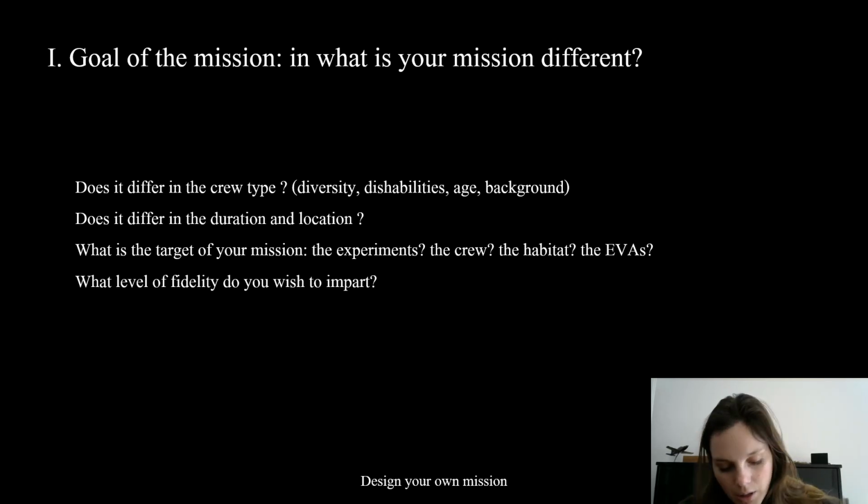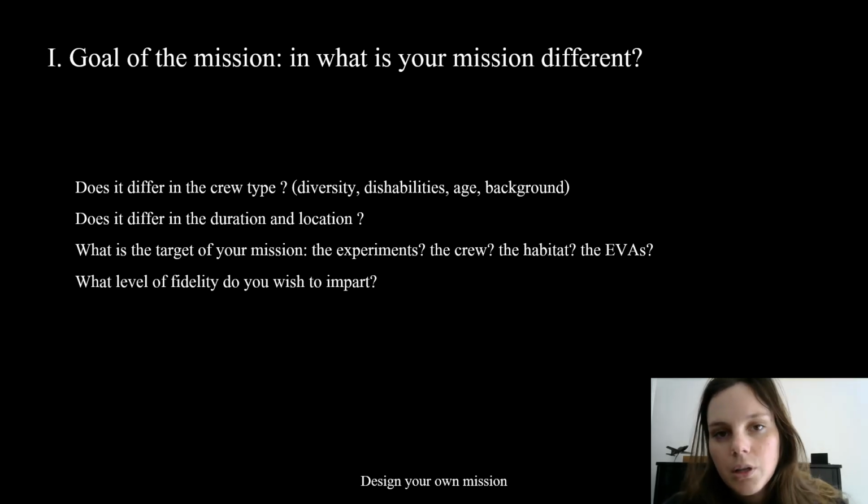So first, your mission. What is it about? How is it different from other analog space missions? If I'm now going to be your sponsor, you need to come to me and say, my analog space mission is going to be like this. For example, an all female crew, an all parastronaut crew, or a crew of students between 12 and 14.